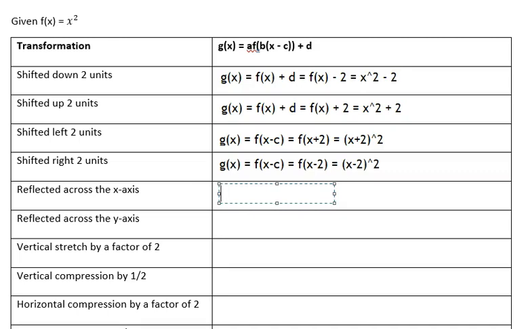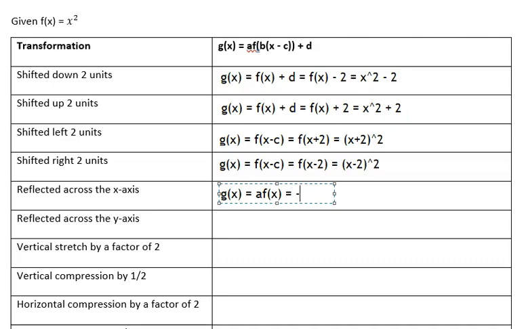remember x-axis was the a part, it was the a in the general function. So what we're interested in is this a that's being multiplied by the function. And to reflect it across the x-axis, we would need to multiply by -1. And since there's no actual scaling going on, a is just 1.